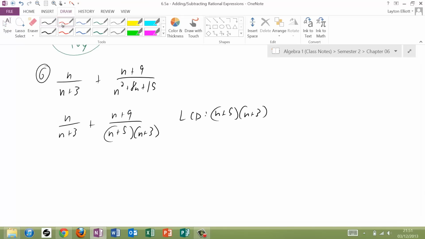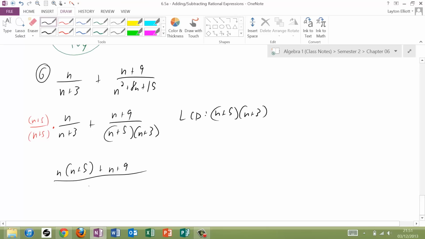Well, the question now is, what do I have to multiply by? For the first one, I have to multiply by the missing n plus 5 over n plus 5. So my numerator is going to become n times n plus 5. Now the second one I don't have to multiply by anything, so that's just going to be n plus 9 over my LCD of n plus 5 times n plus 3.